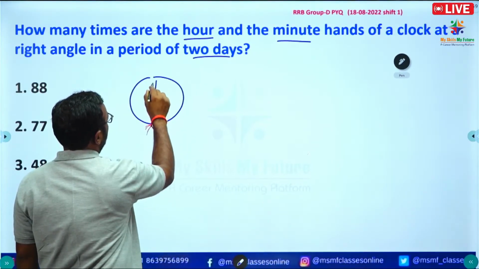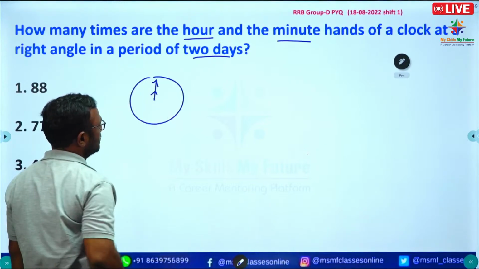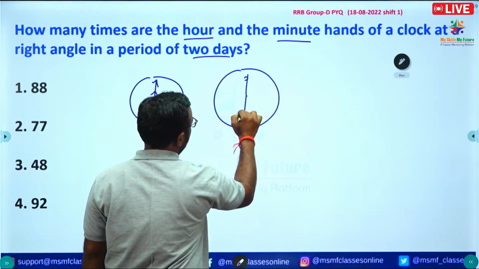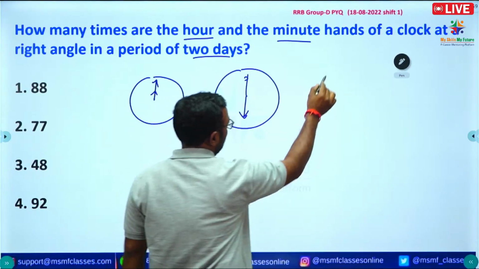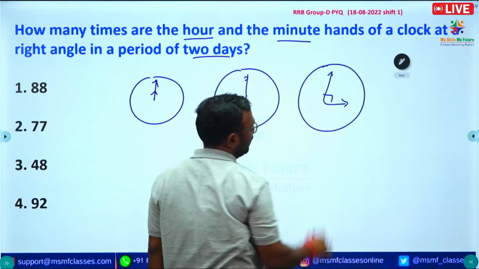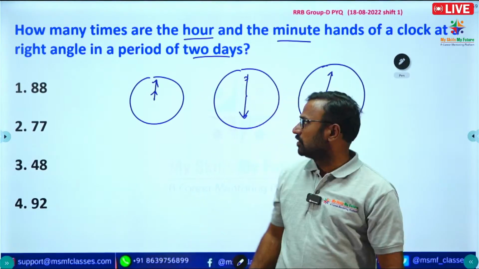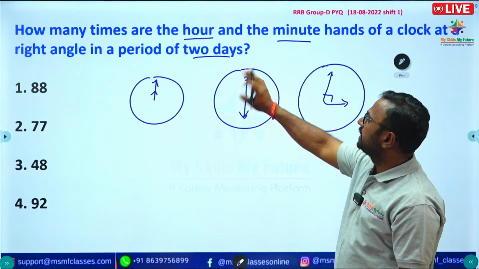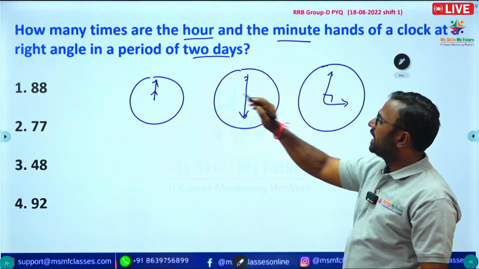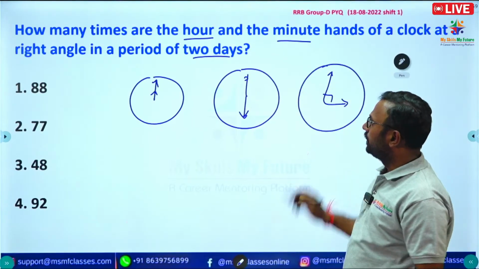One is how many times they will coincide. Number 2 is how many times in a day they are in opposite directions, and number 3 is how many times they are at a right angle in a day.